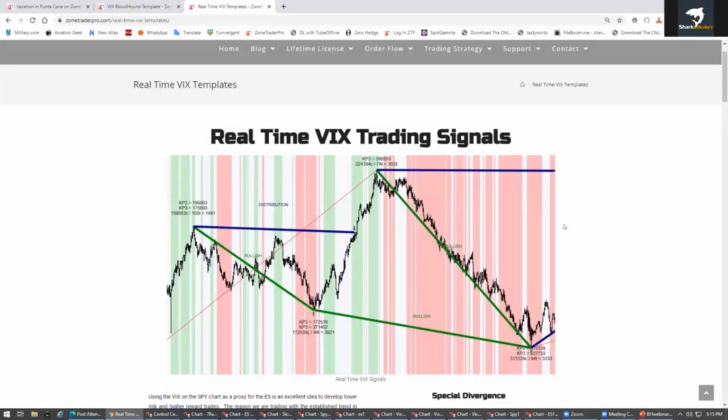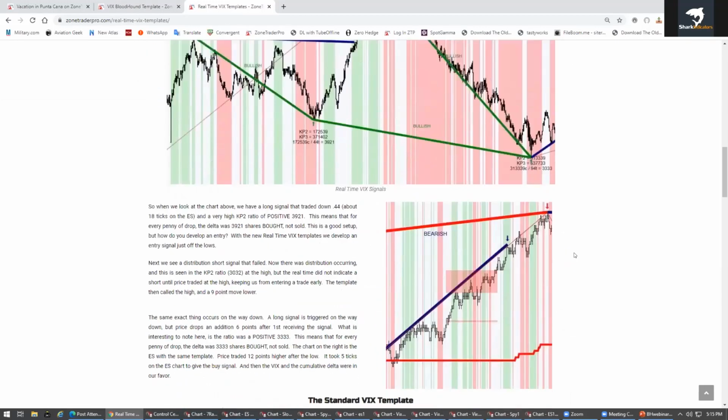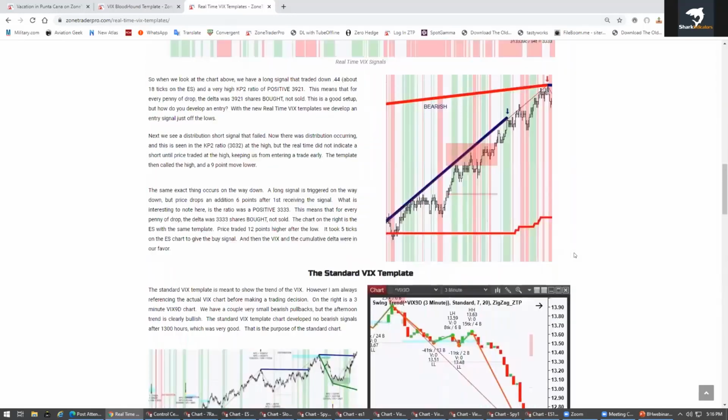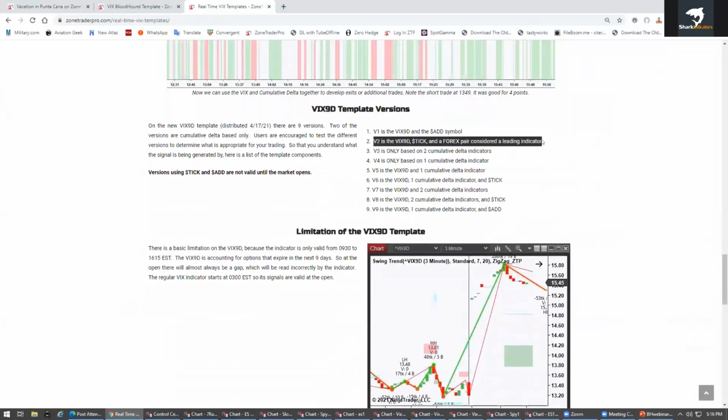But for Dean's question, I pay for Spot Gamma, and I would want and need Shark Indicator's BloodHound to be able to read all these signals. Because what you're trying to do, Dean, is take all of these charts and make a decision on which way it's going.